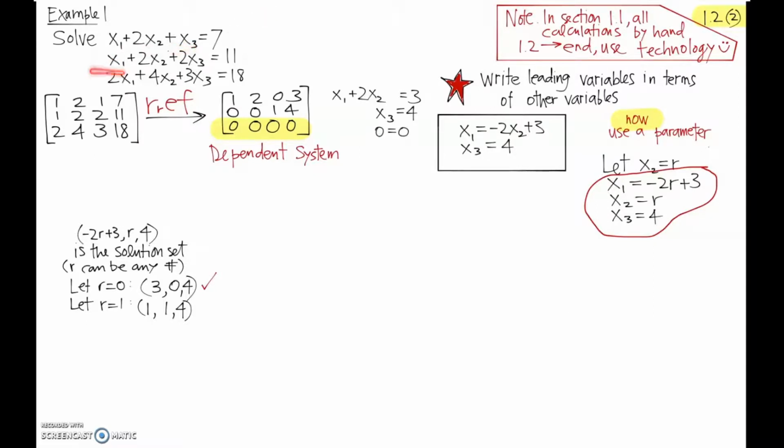Yes. 1 plus 2 times 1, that's 3, plus 2 times 4, so 3 plus 8 is 11. Yes. 2 times 1 is 2, plus 4 times 1, so this is 6, plus 3 times 4, that's 12. So 6 plus 12 is 18. Yes. So, good news, this too is a valid solution, and we could keep going and going. You could generate infinitely many solutions to the system this way. There are infinitely many solutions to our system, and they all follow this pattern here.